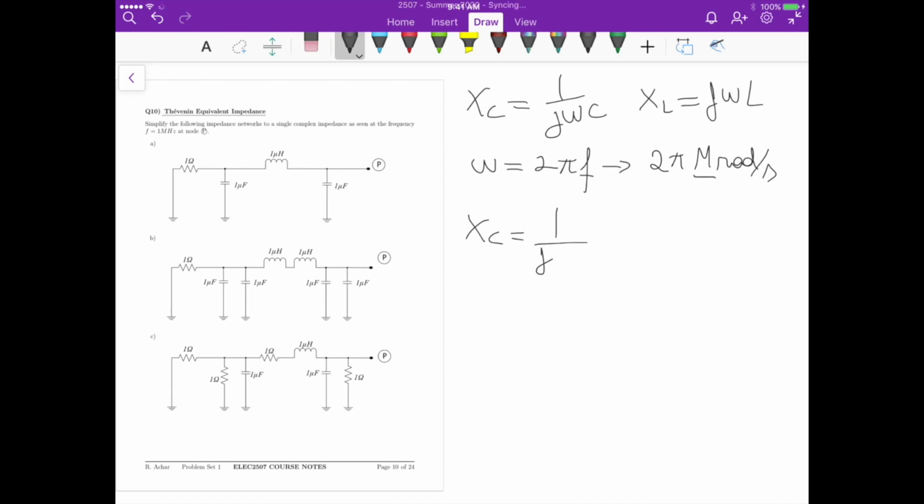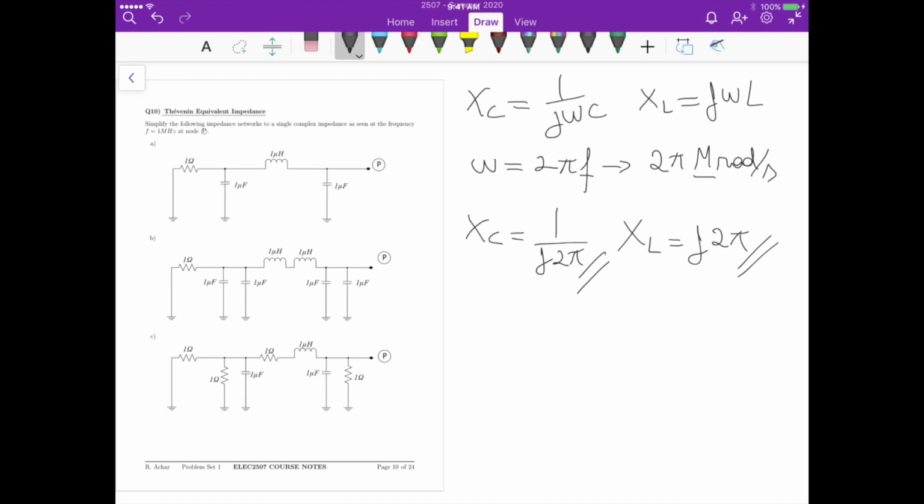It basically cancels with the 10 to the 6 of the mega radians per second. So it just becomes 1 over j 2 pi, and XL becomes j 2 pi mega radians per second times 1 microhenry, which becomes j 2 pi. Okay, so those are the reactances that we have in the circuit.